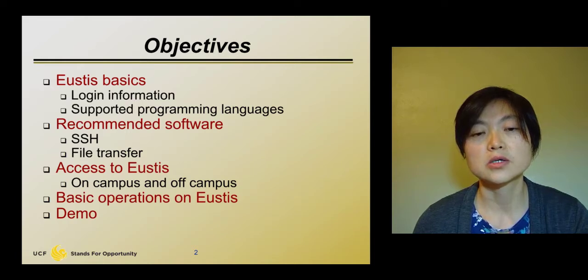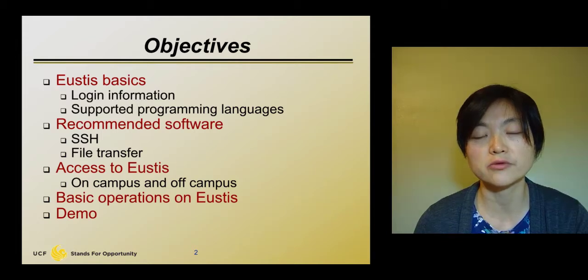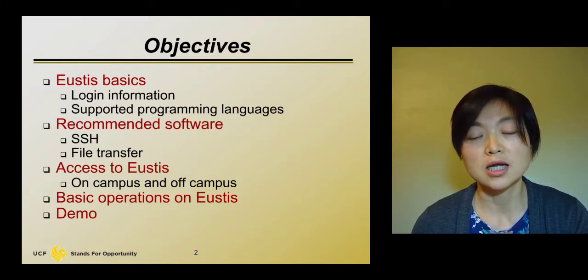Then access to Eustis depends on where you are. You could be on the campus network. If you're at UCF and you connect to a campus network, then you can start an SSH client and connect to Eustis directly.